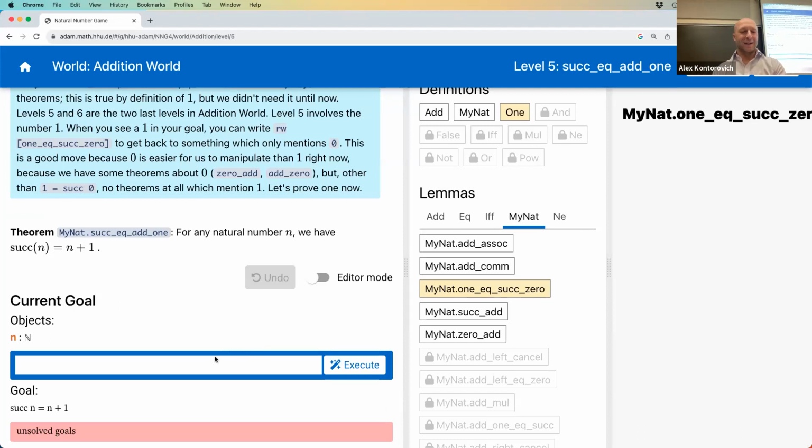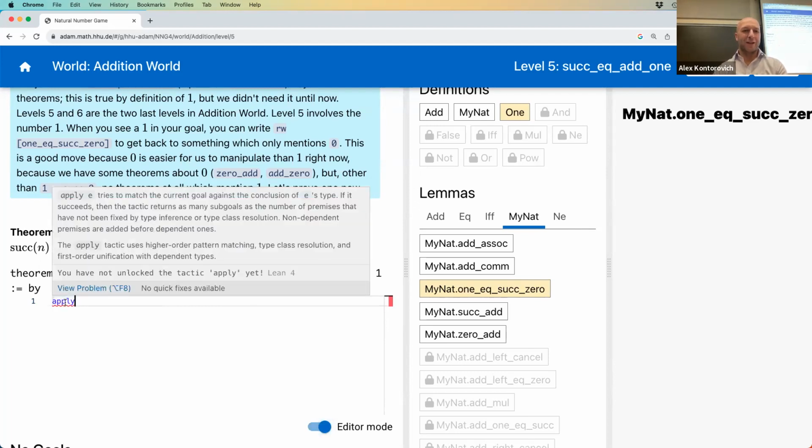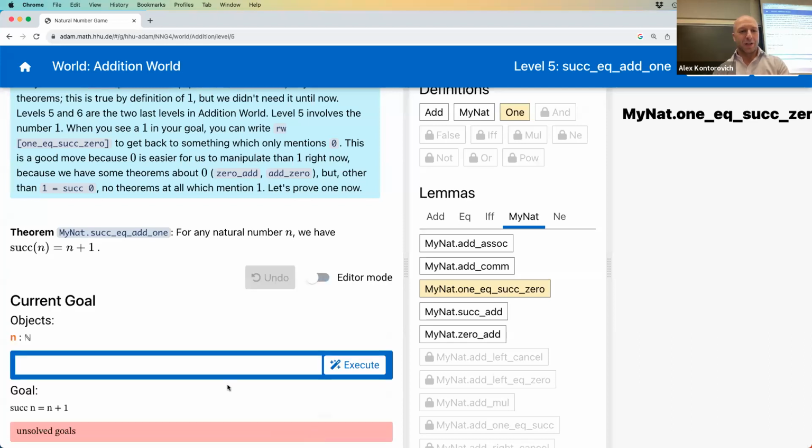I don't know if we've gotten to the have. Yeah, it'll tell you theorem. I don't know if it'll work for apply. If you just write apply, I don't know that you can hover over it. Yeah, we haven't unlocked the tactic yet, but it tries to match goals.